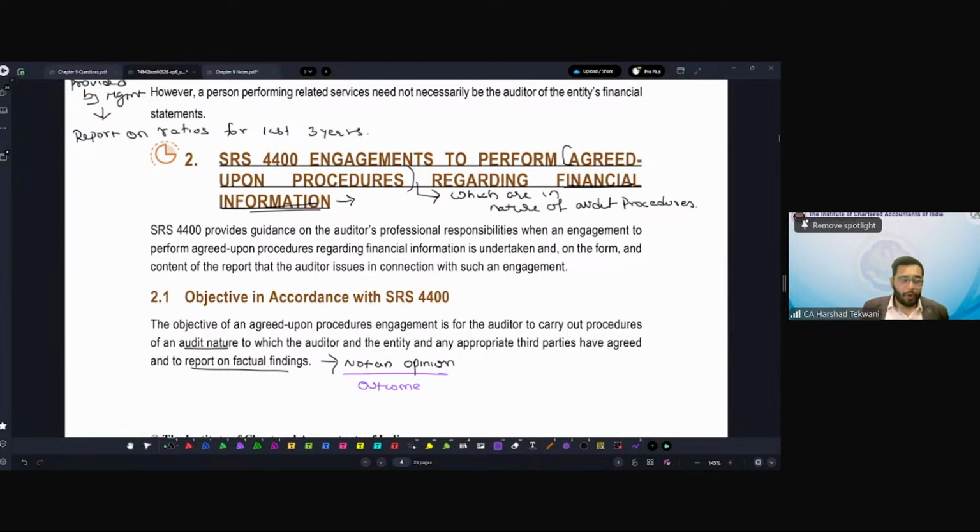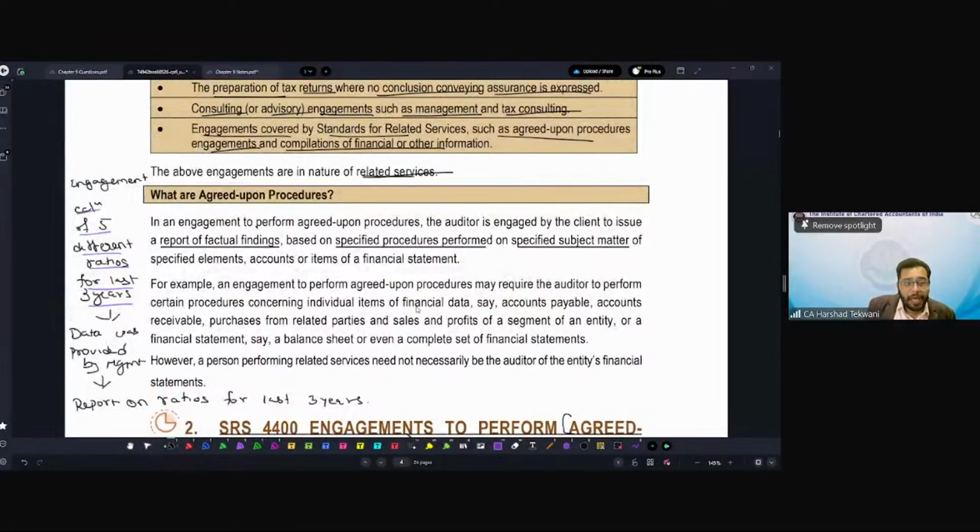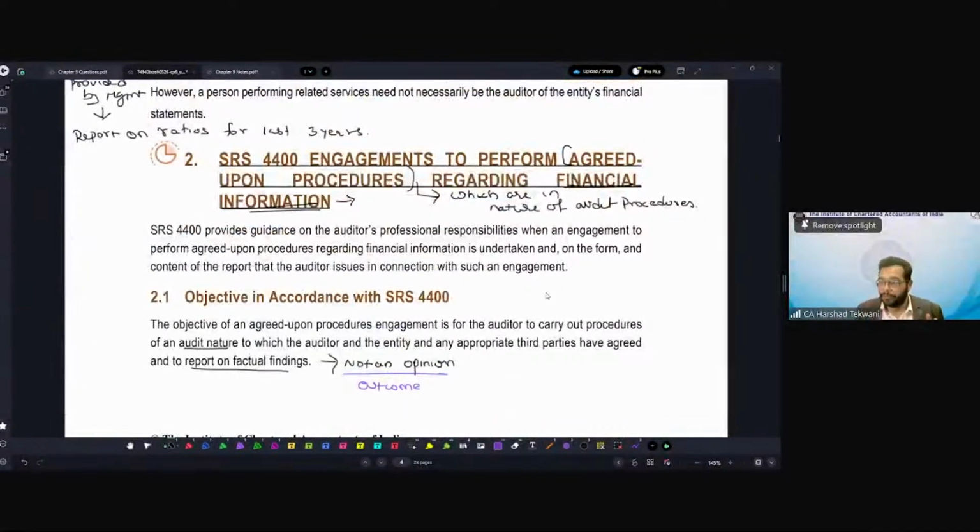Now, you might have a question: what about other procedures which are not in the nature of audit procedures, or what about non-financial information? Yes, that also falls under related services, but that will not fall under the purview of SRS 4400. So that is a related service.